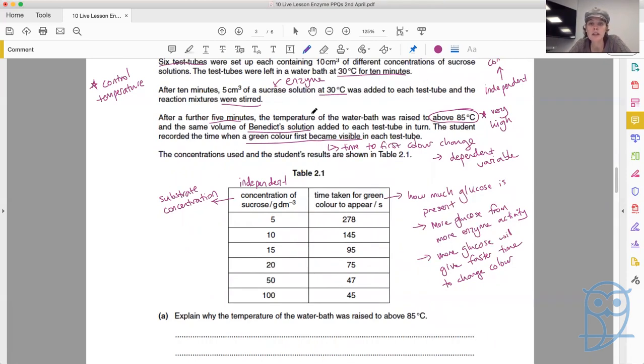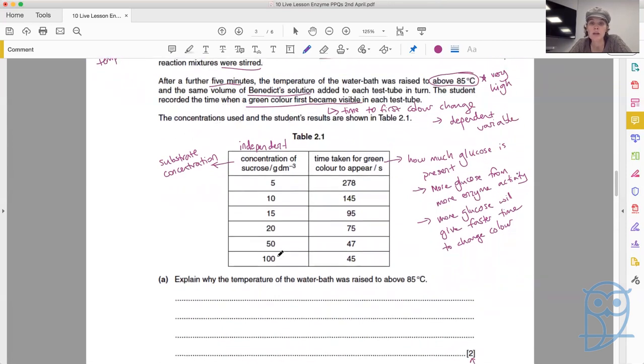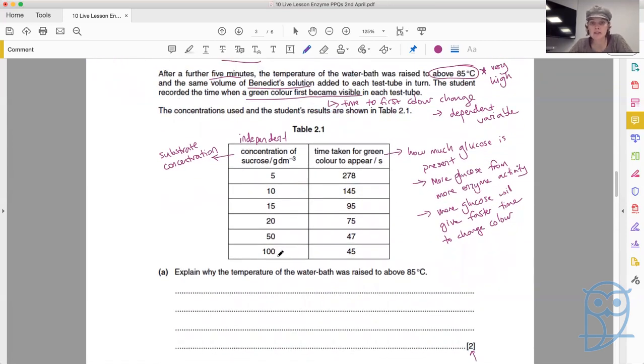So we want to measure that initial rate of reaction. Now we're measuring just the first 5 minutes. Okay, so what's going to happen when we raise that temperature very high?